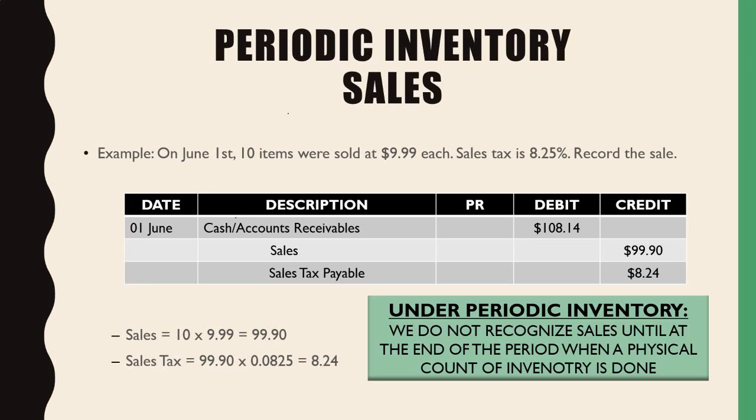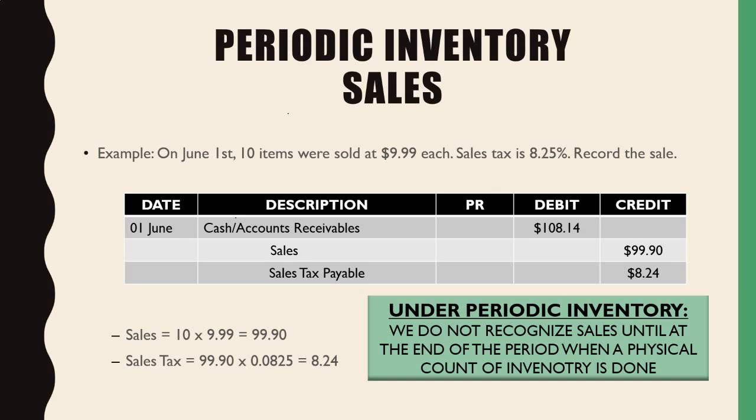Okay. Well, that is all that you need to know, because under the periodic inventory, we do not recognize sales until the end of the period. Remember, what was so special about periodic inventory?